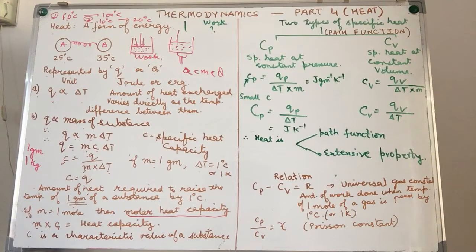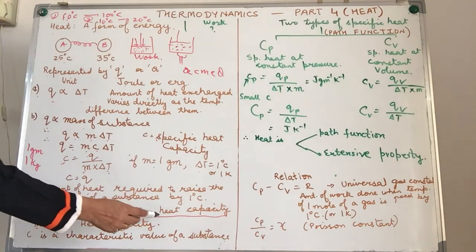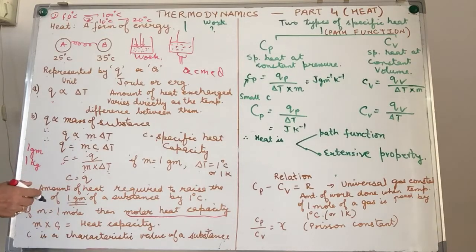As simple as that. And in such a case, we put a subscript m. So when I say Cp, I have here C specific heat capacity, I will put a small m as the subscript, indicating that we are talking about molar specific heat capacity.